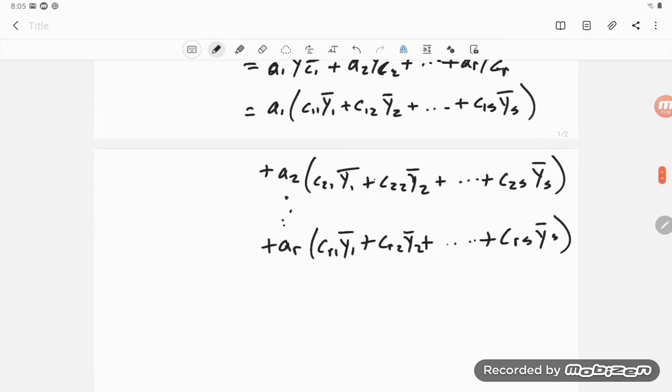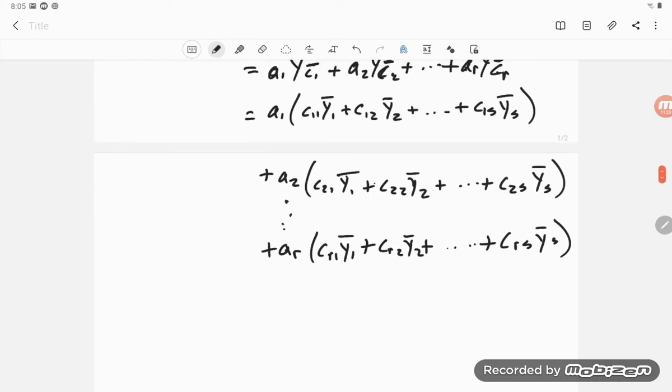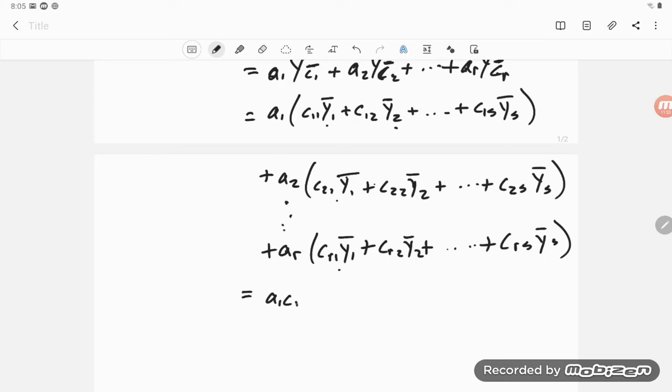Yuck. Okay, so now you see I can multiply through by the A's and collect up like terms in terms of the vector yi for each of these, y1, y2, and so I end up with an A1 C11 plus an A2 C21 plus all the way out to an AR CR1.